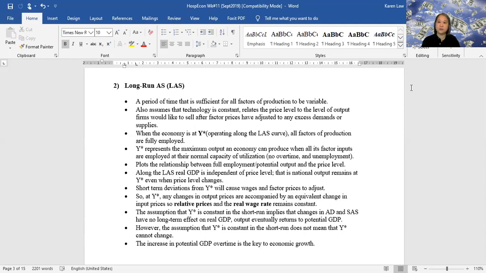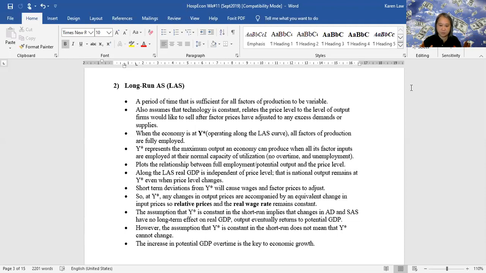There's no excess capacity, and there is no shortage of capacity.